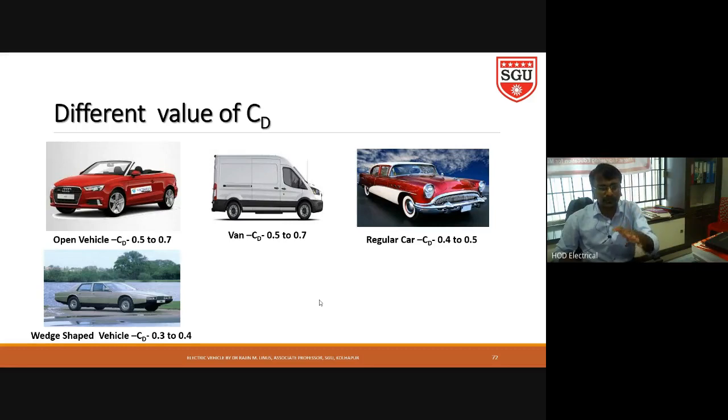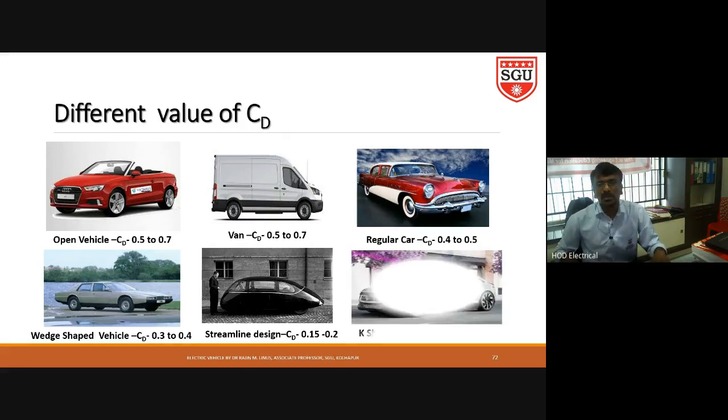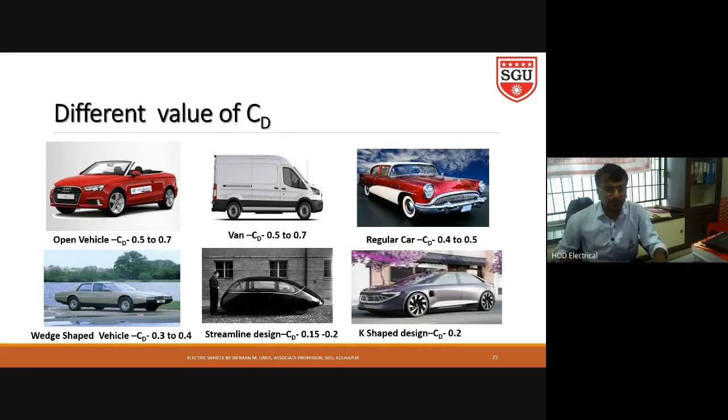Shape is better in wedge-shaped vehicles, 0.3 to 0.4. Then a streamlined design: there is no space for vacuum at the back side and no space for high pressure to build up at the front side, so a streamlined car has a CD value of 0.15 to 0.2. Then this K-shaped design has a CD value of 0.2.